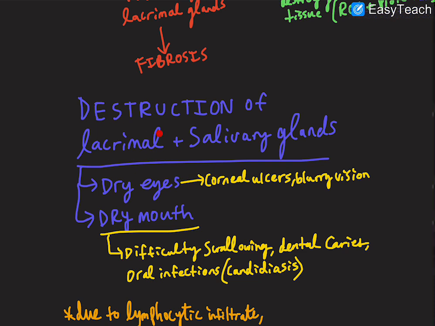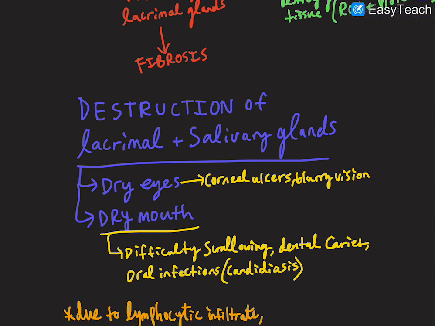If you destroy your lacrimal glands, you can't produce tears, you have dry eyes. Okay, and what can you see with dry eyes? We know tears are good for hydrating the cornea of your eyes. So if you are not producing tears anymore, you can't hydrate your eyes properly, so you have an increased chance of getting corneal ulcers.